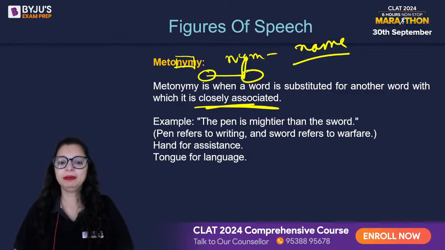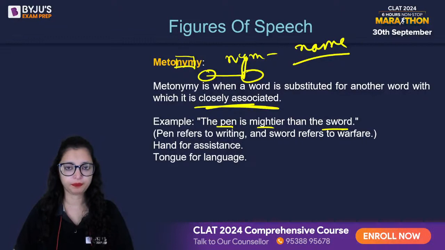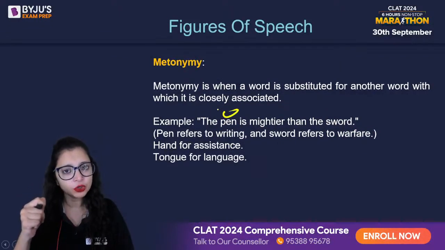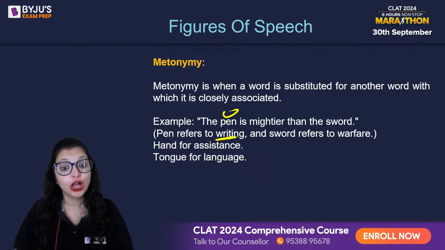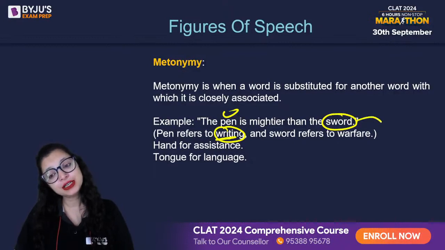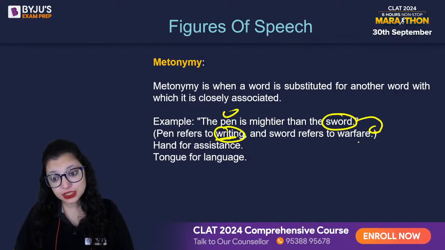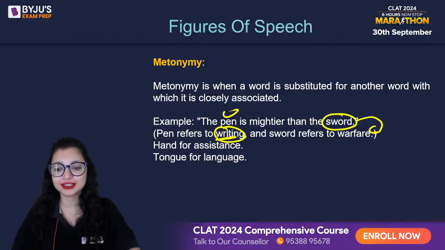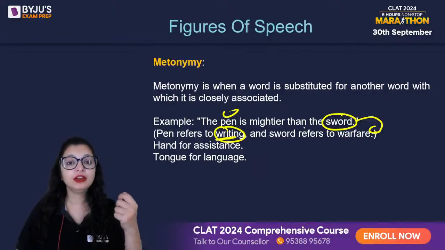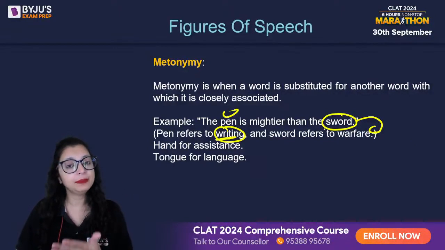Okay, so see the example: the pen is mightier than the sword. With the sword we will wage war, with the pen we will write. So is pen here actually denoting the power of the pen or the power of writing? Pen is a separate word used to denote something that is closely associated with it. Similarly, sword also is a different word to substitute a closely associated word. Understood? So pen is mightier than the sword does not mean the physical power of a pen compared to the physical power of a sword.